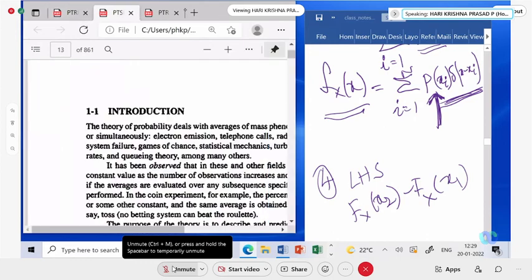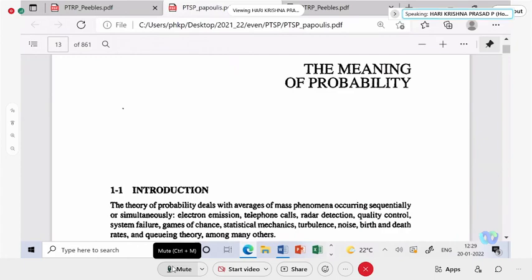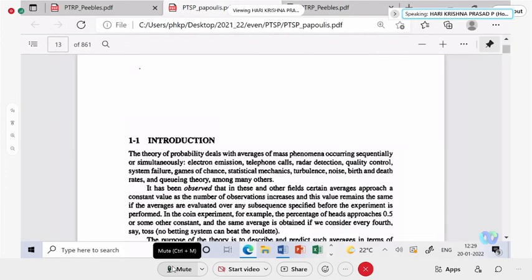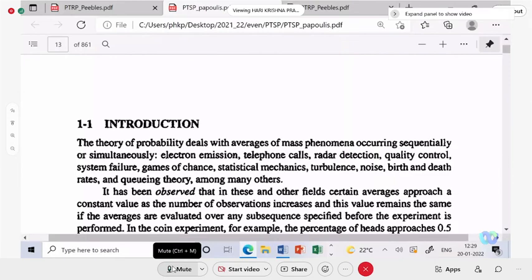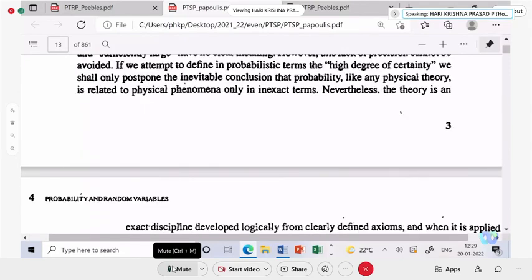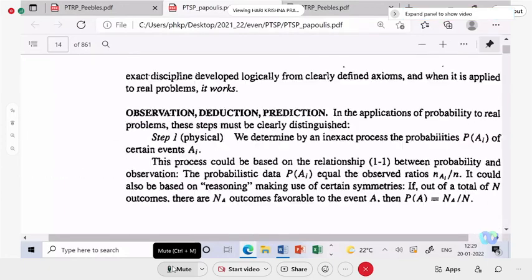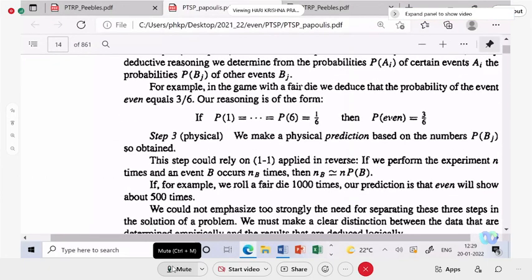Okay, this is, yes. Sarath, this is Papoulis book, okay? About which concepts do you have a question? You mean this chapter only?